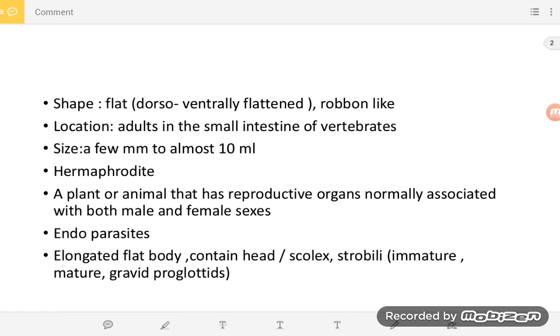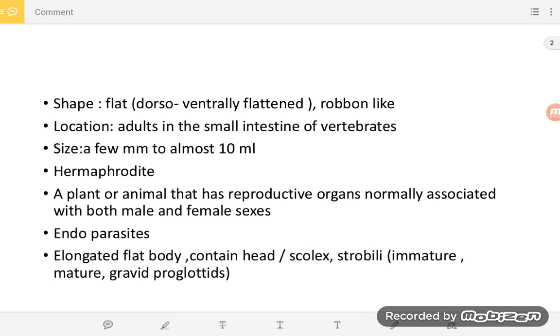It is an endoparasite, which means it is present inside the host. It has an elongated flat body containing head, scolex, strobila, immature, mature, and gravid proglottids.